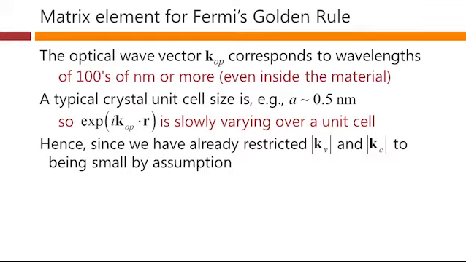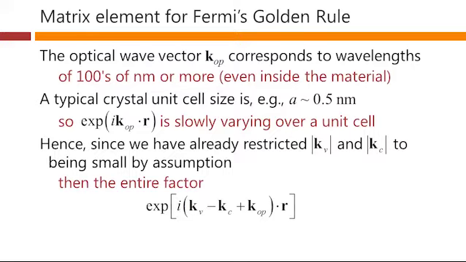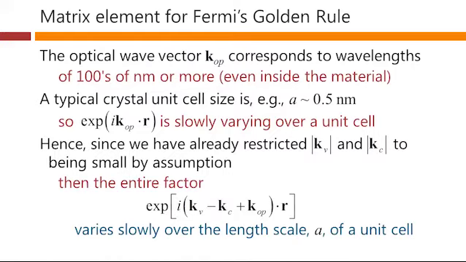Hence, since we have already restricted both the wave vector of the Bloch part of the initial valence band function and of the final conduction band function to be small, this entire factor here varies very slowly over the length scale a of a unit cell.